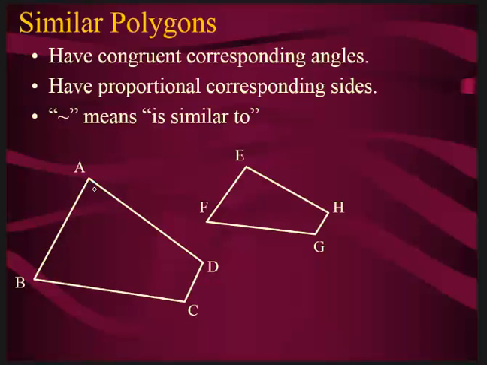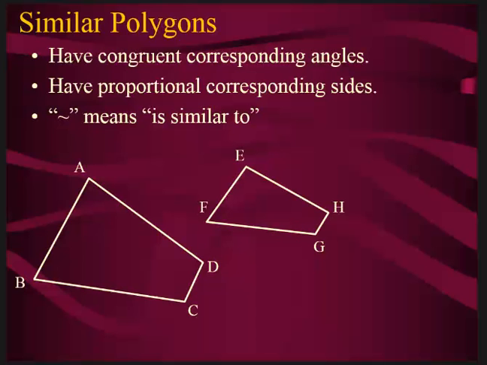Okay, now here's where I have to be intentional. A came first on this polygon name. So E, because these are corresponding parts, has to come first. B was second, so F is second. C third, G is third. D fourth, H is fourth.